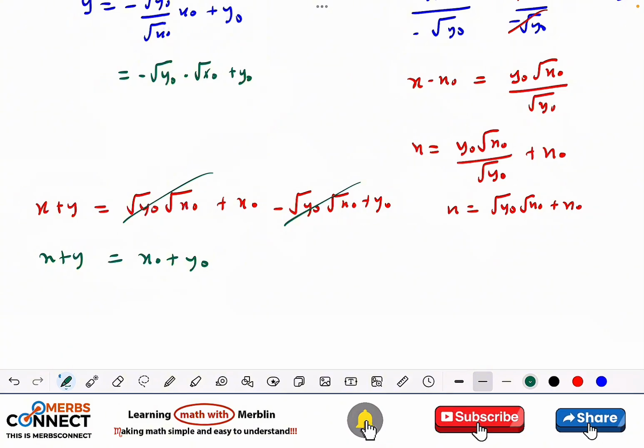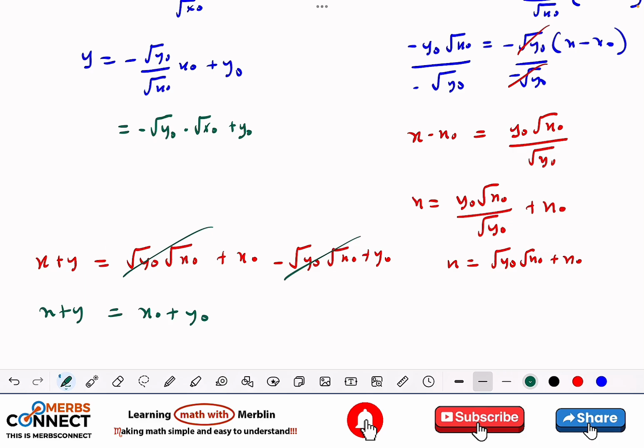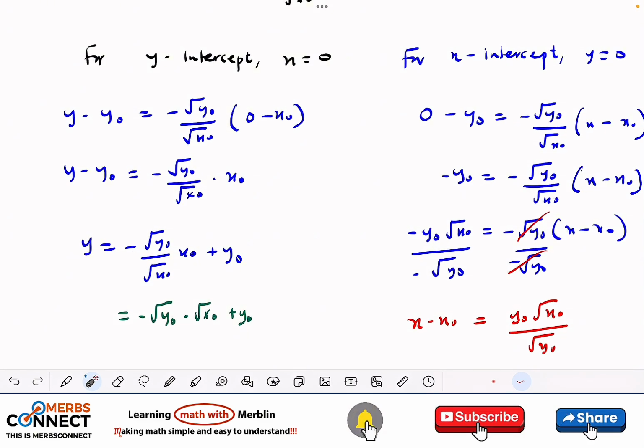Okay, so let's see if there is a mistake somewhere. For the x, we should have something like x naught plus x naught y naught, and for y we should have, oh, this one too should be positive. This is not true. Let's see where the mistake happened.